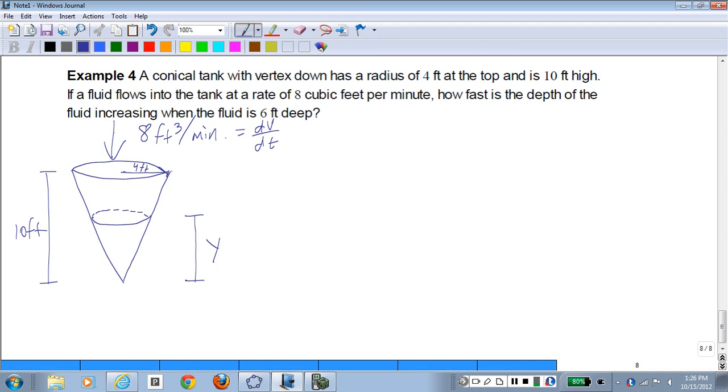It's a little tricky to express the volume in terms of just Y, though, because what's the formula for the volume of a right circular cone? Anybody know? I want to say maybe 1/3 pi r squared times the height.